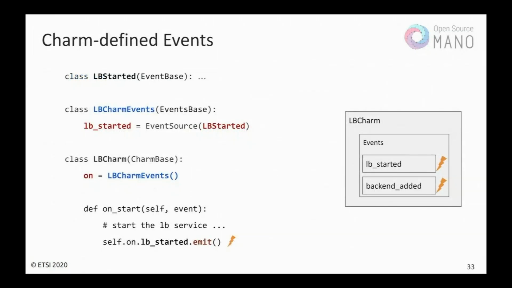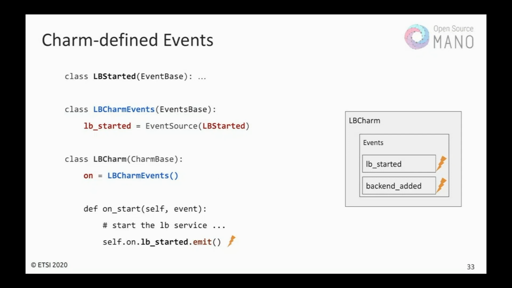In order for you to define your own events at the charm level, you need to declare them. So if you wanted to, say, declare a load balancer started event, you would use the event base type provided by the framework, and then you would also declare a helper type that would group events for a particular charm, and this is what's represented here as the LB charm events type.